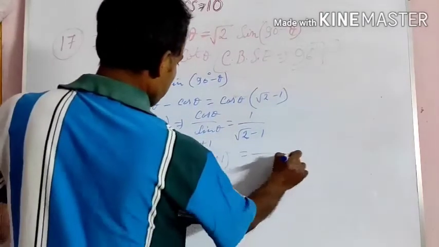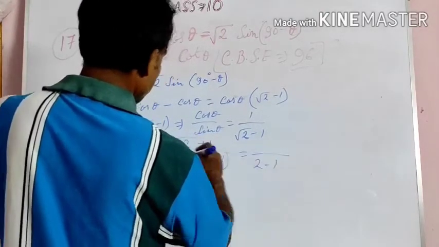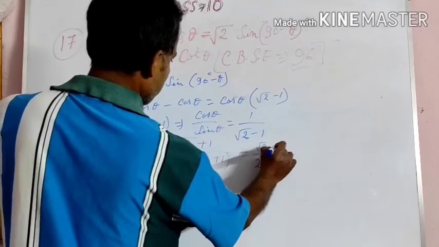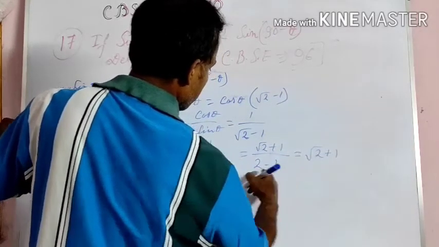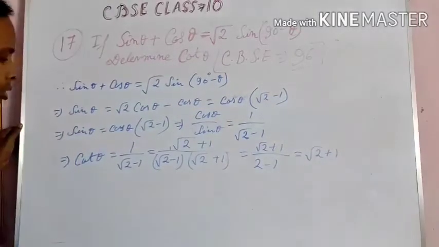So this is 2 minus 1, that is root 2 plus 1 is equal to root 2 plus 1, because 2 minus 1 is equal to 1. This is your answer.